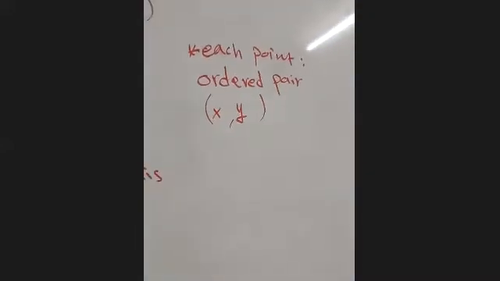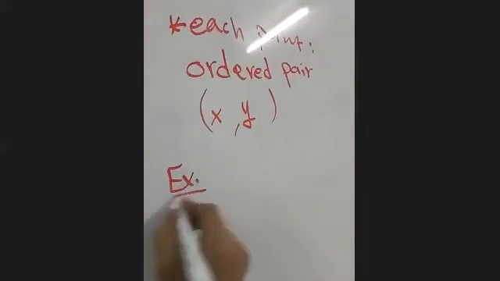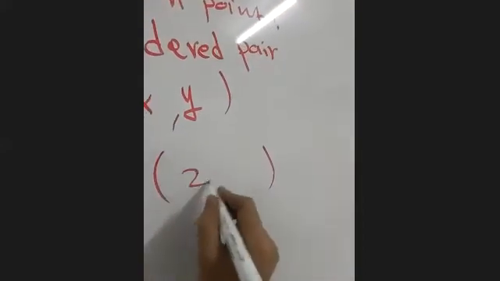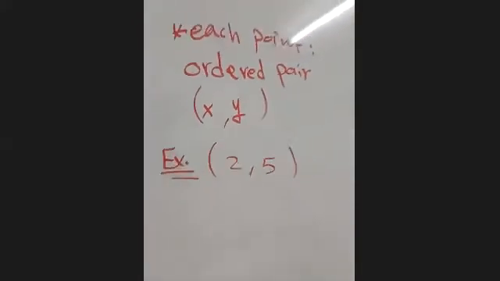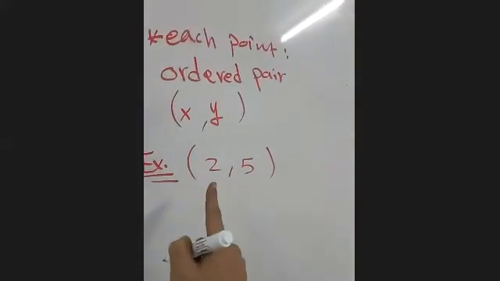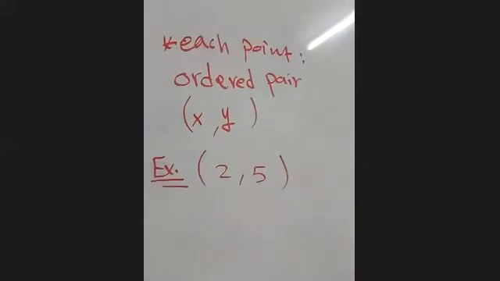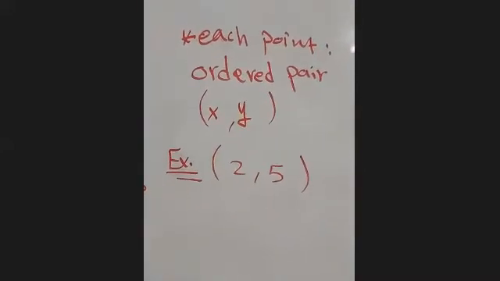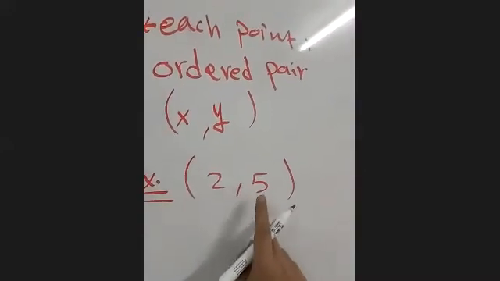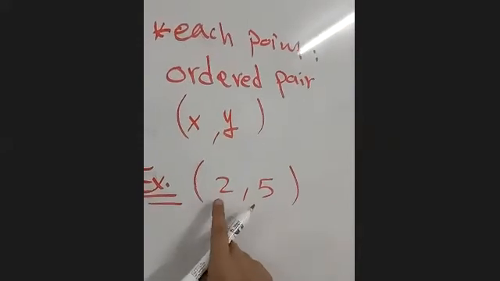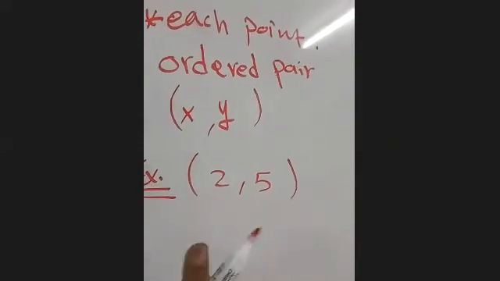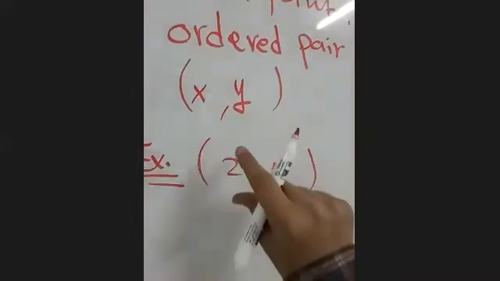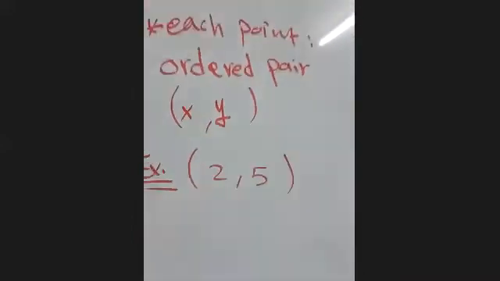For example, if we have this ordered pair, 2 and 5. What's x? X is 2. What's y? Y is 5. Always the first number x, the second number y. Do not say y, then x. No, this is wrong. Always x, then y.